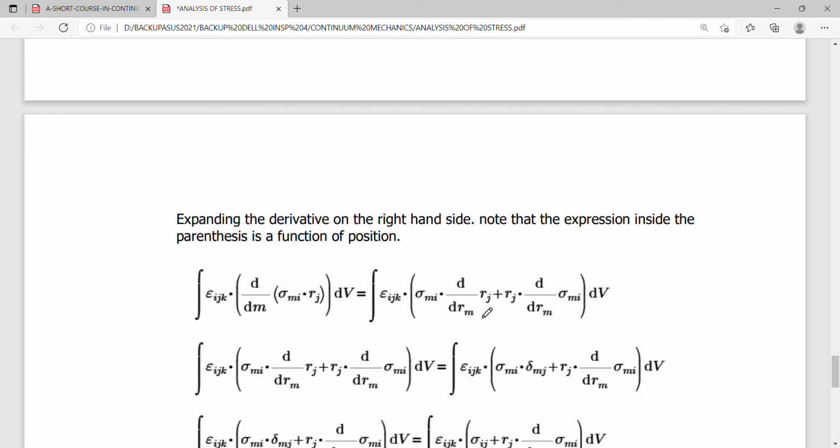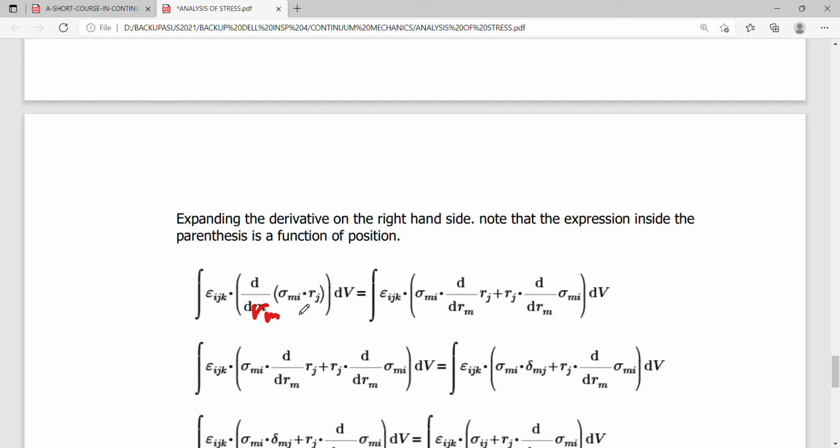So epsilon ijk ddm. Okay, this is not ddm but drm. This r represents the position vector, which is a function of your coordinate axes xyz, or x1 x2 x3, or r1 r2 r3, whatever variable I want to use.